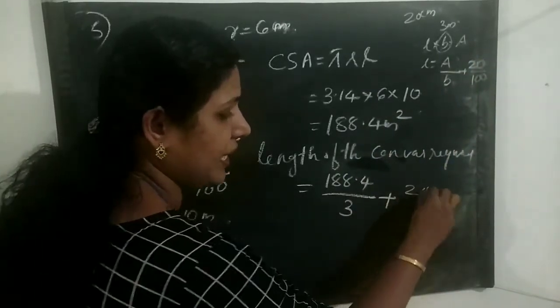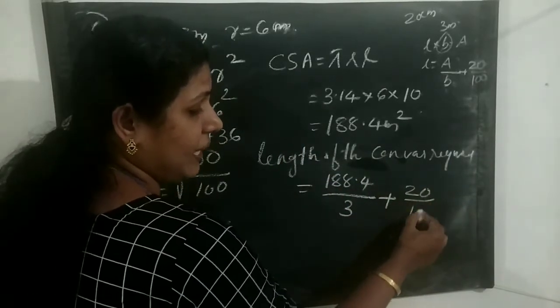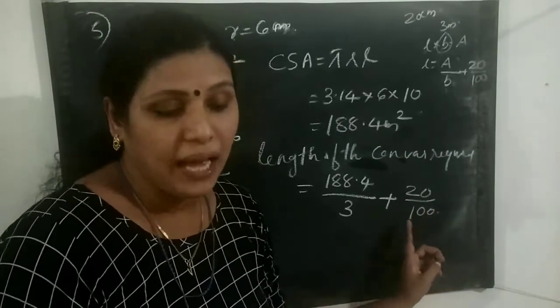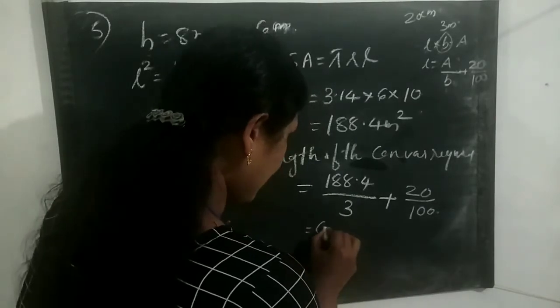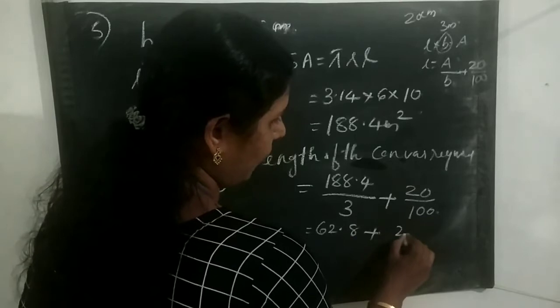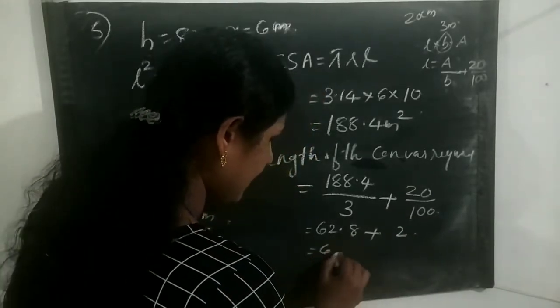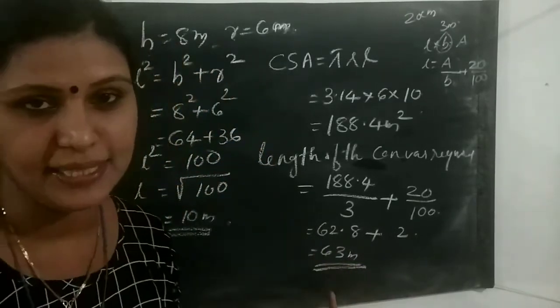We add this 20, but it is in centimeter, so we convert it into meter by dividing by 100. We calculate this. Here the answer is 62.8, plus 0.2. You add this and you get the answer as 63 meter. You just check the answer.